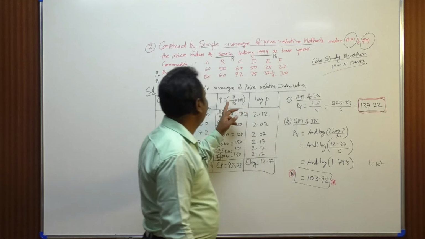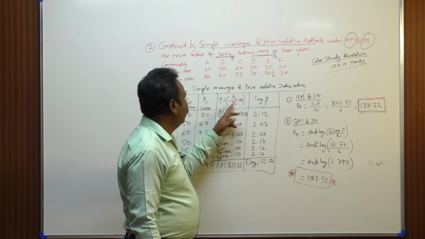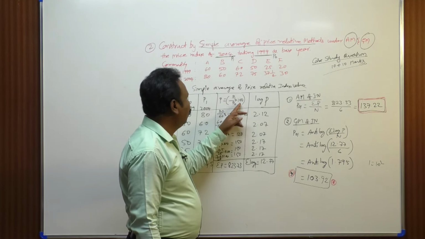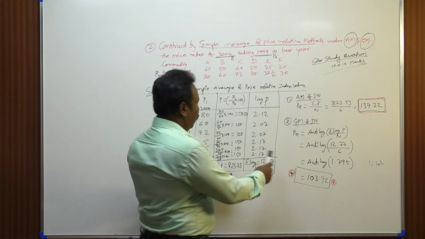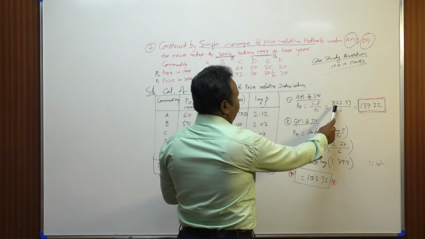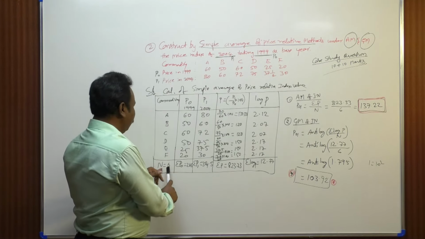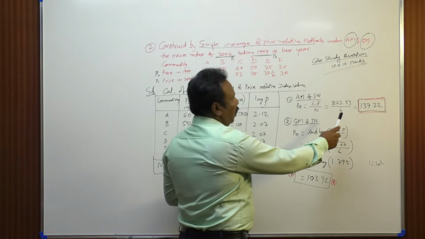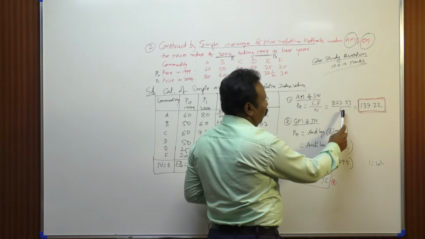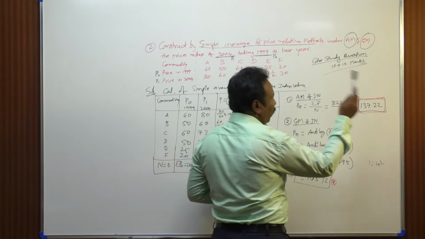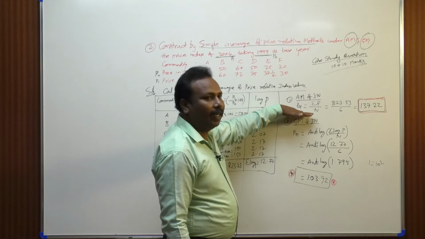Sigma P is P1 divided by P0 into 100. So, 823.33 divided by n, n equals 6, that is 823.33 divided by 6, 137.22, that is the arithmetic mean index number.